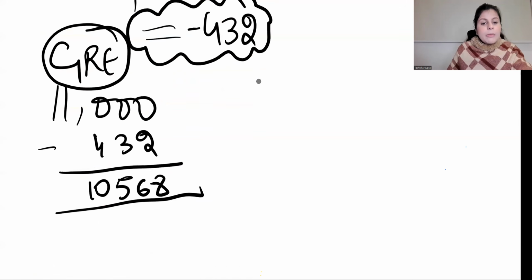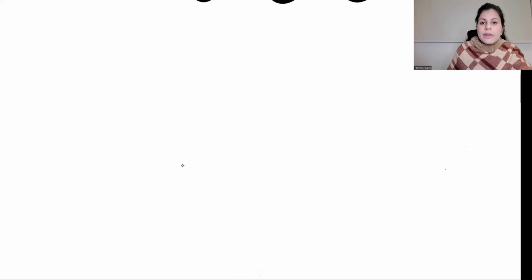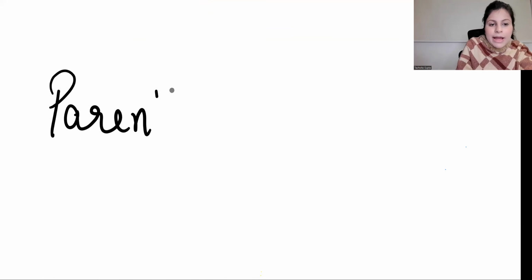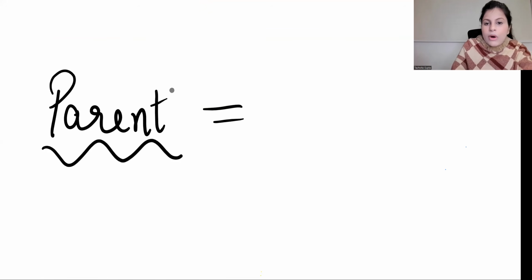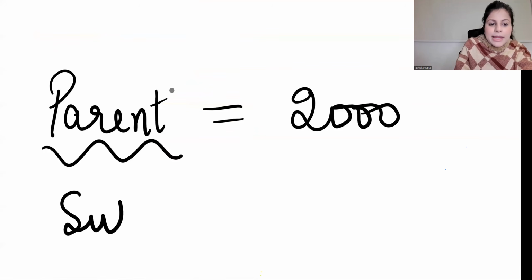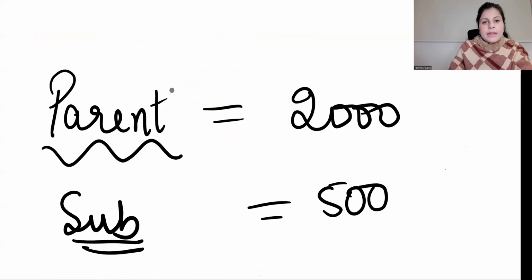So I'm just looking at the post-acquisition part. In the last paragraph, they have clearly given that during the year, that means this year, the parent made a revaluation gain of 2000, that is 2 million, and the subsidiary made a total revaluation gain of 5 lakh, that is 500.